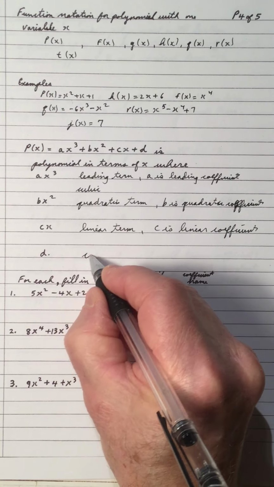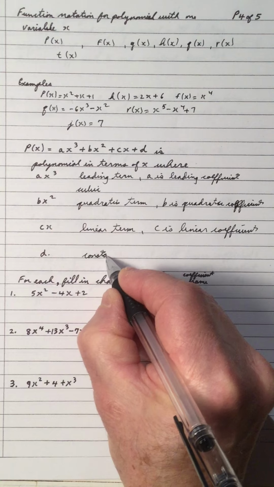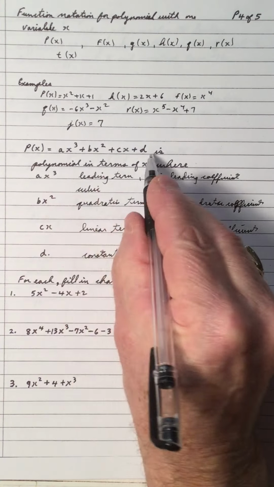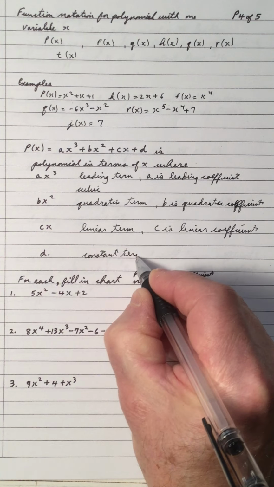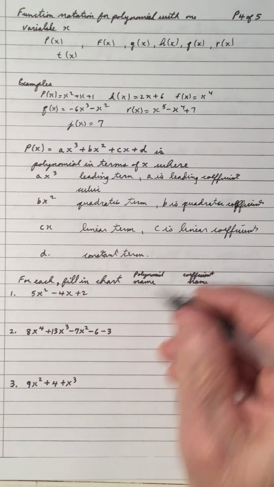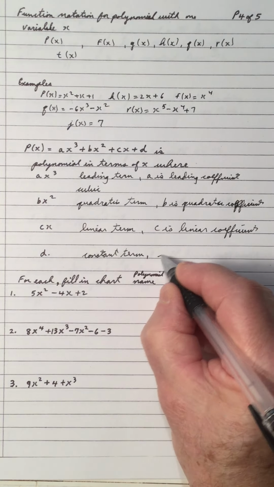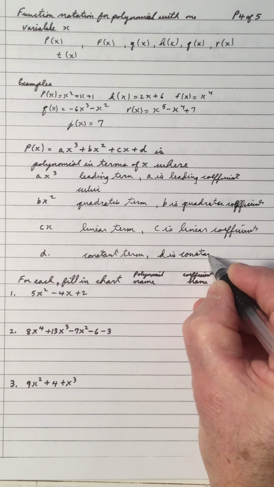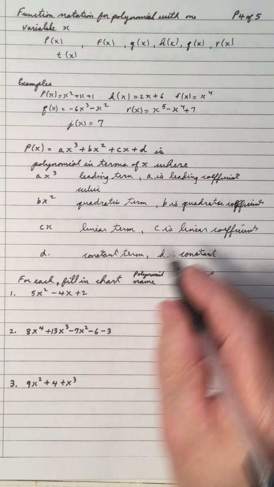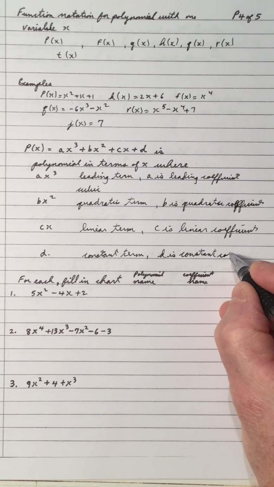And d is the constant term of this cubic. As a result, d is the constant, and a constant term has the constant coefficient.